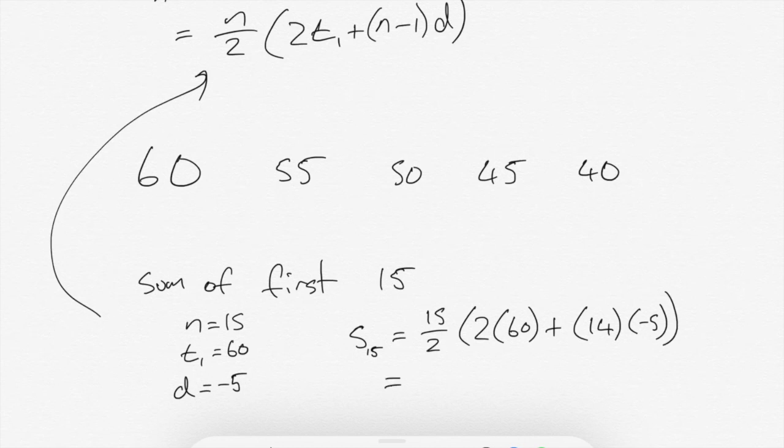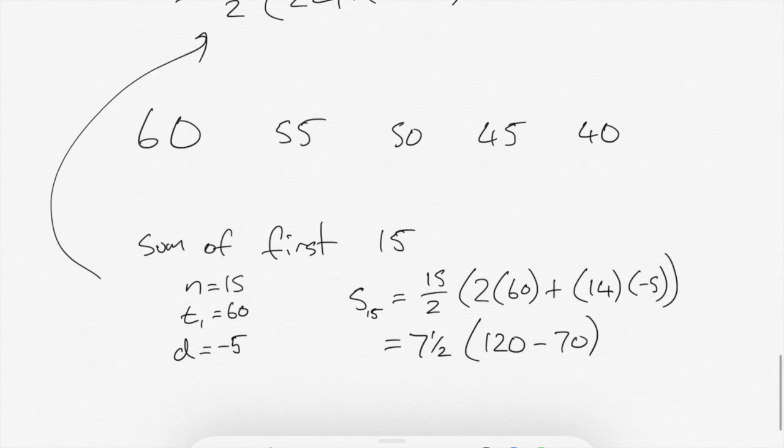So 15 over 2 is 7.5, lots of 2 times 60 is 120, plus 14 times -5 is take 70. That gives me an answer of 7.5 times 50, which is equal to 375. Have a go at some of the next set of questions now.